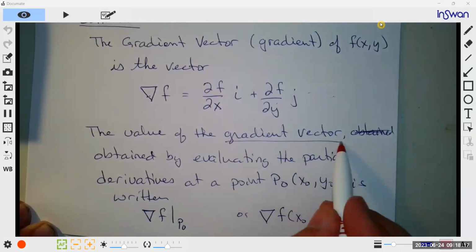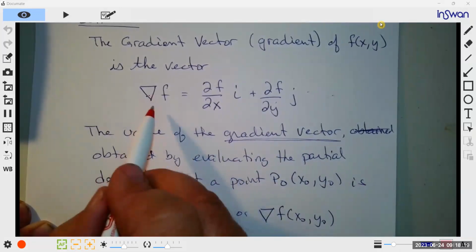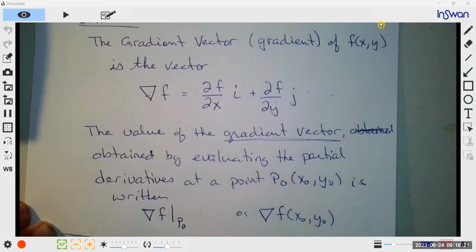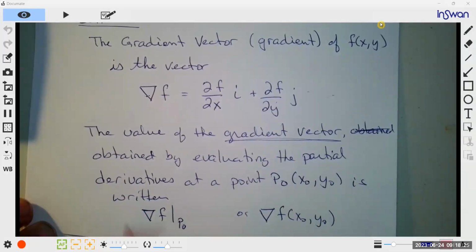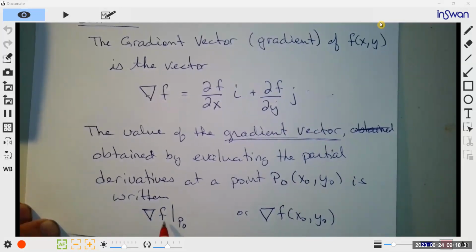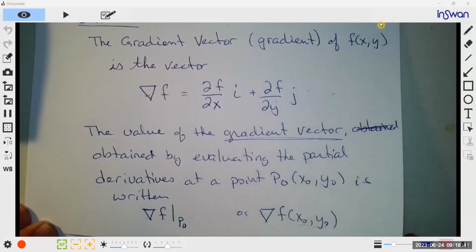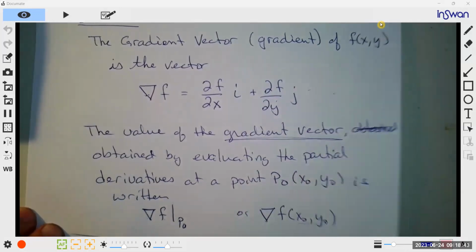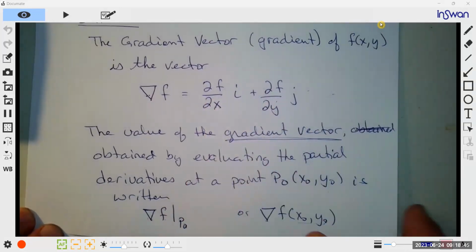So whenever you write the gradient vector, that's what this symbol represents. That's del f at p sub 0, or del f at the point x0, y0. And all it is is the partials of x and y.